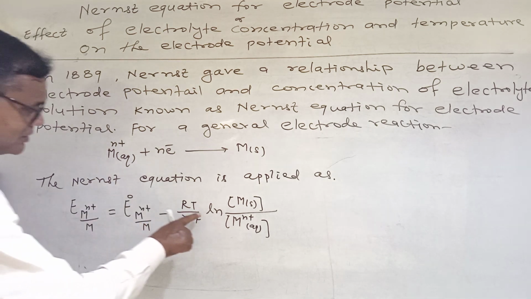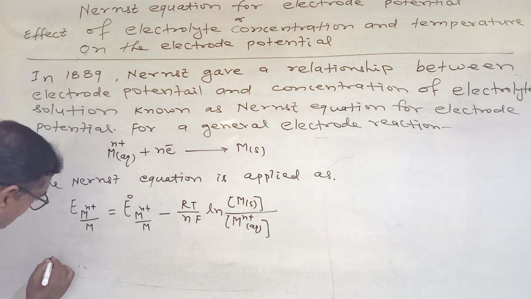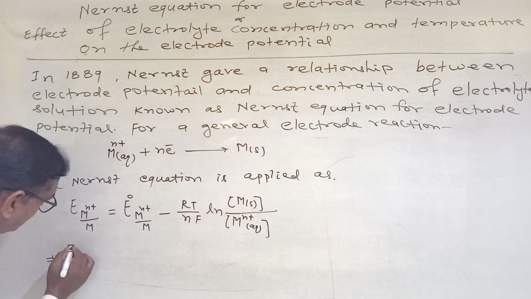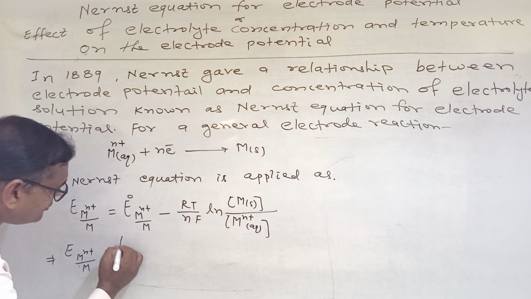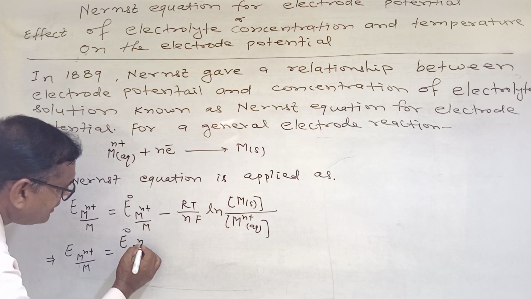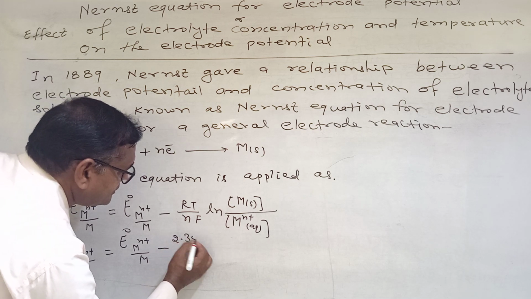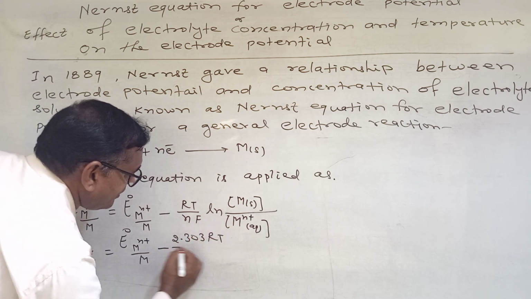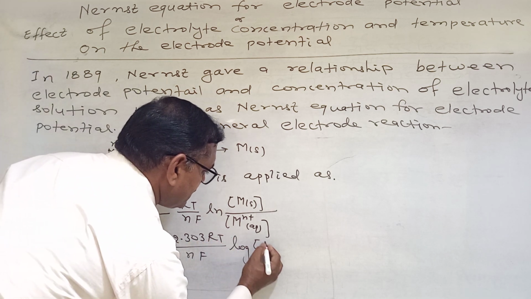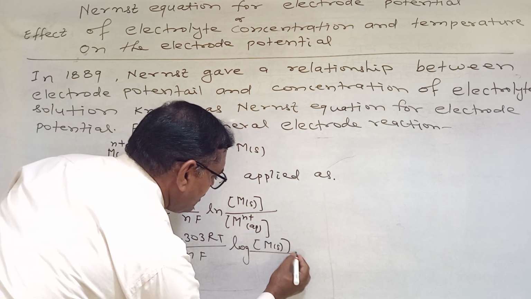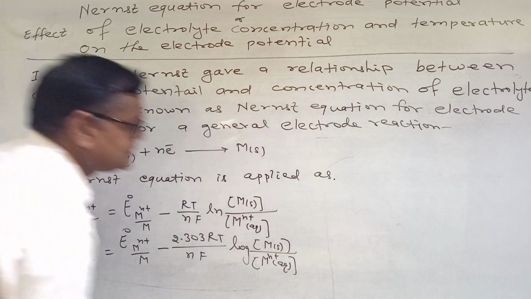Now this natural log changes to general log. Therefore we write E of M^n+/M is equal to E naught of M^n+/M minus 2.303 RT by nF, general log of concentration of electrode upon concentration of ion in the solution.